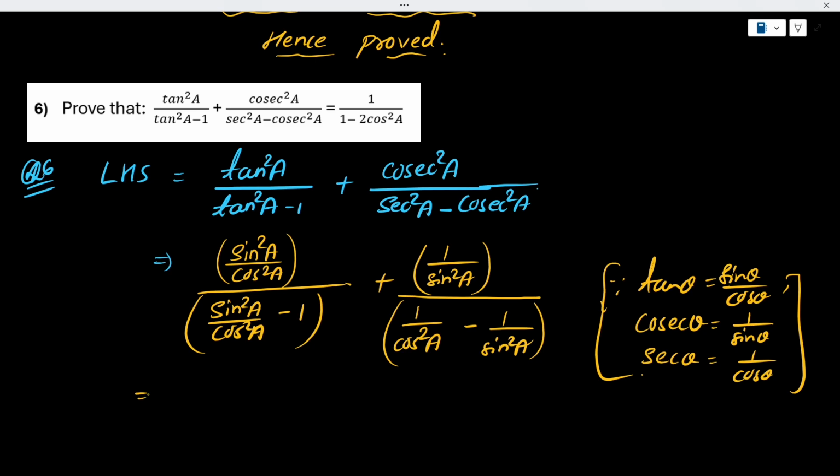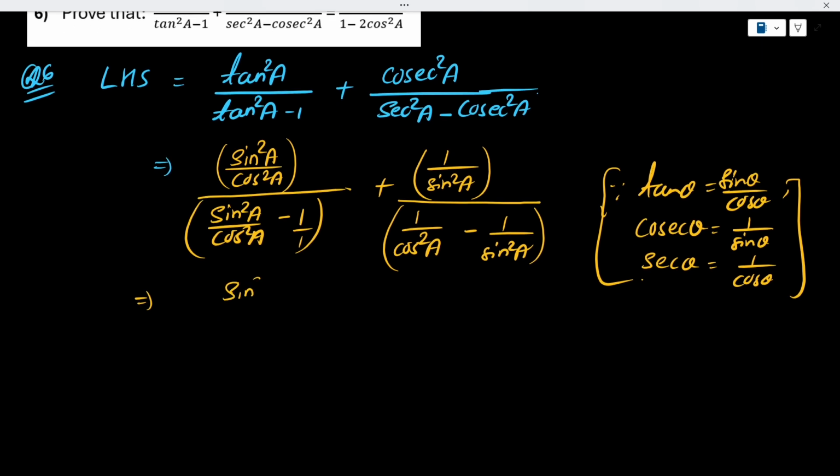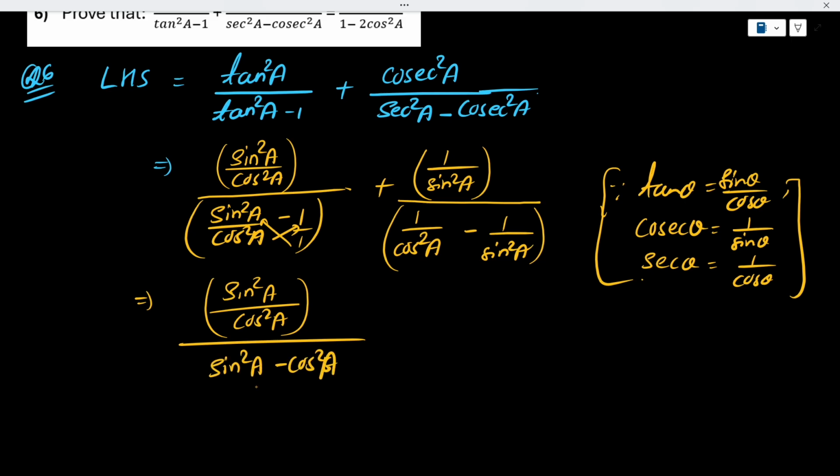So you can write down this. After that, let us find out the common denominator. What is going to be the common denominator? Numerator will remain as it is, by cos square A. Denominator, if you do the simplification, this one will get multiplied here, right? So it's sine square A minus cos square A by cos square A. Denominator will get cancelled also, but you can take the reciprocation and then do the cancellation.